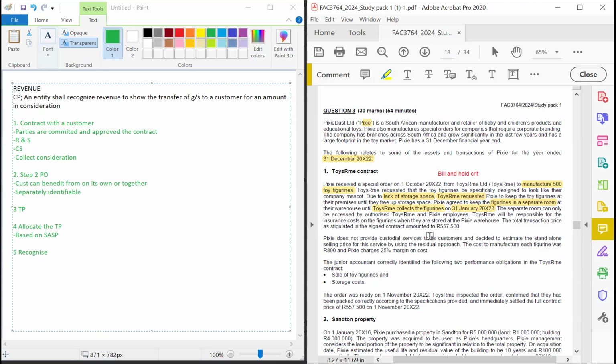So now, Treasury will be responsible for insurance costs on the figurines when they are stored at the Pixie warehouse. The total transaction price as stipulated in the signed contract amounted to 557,500.